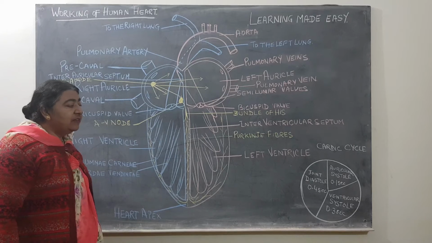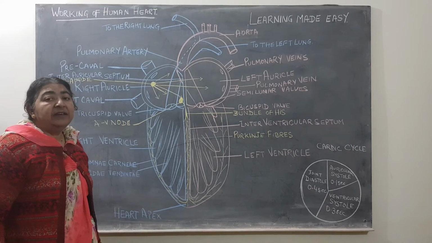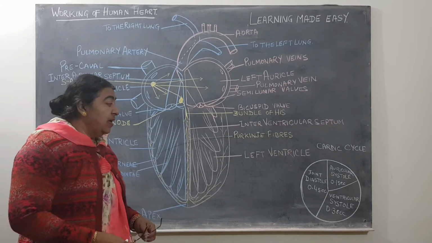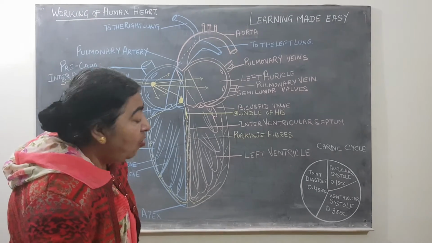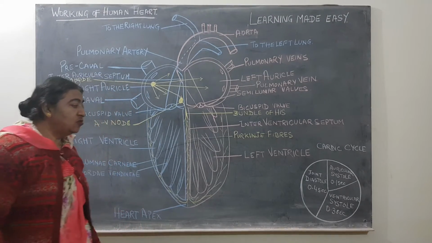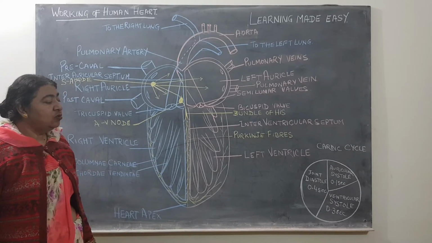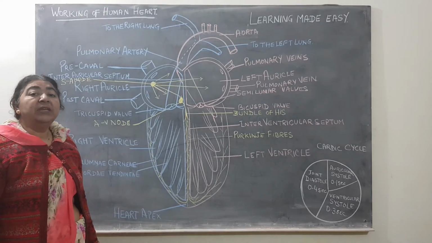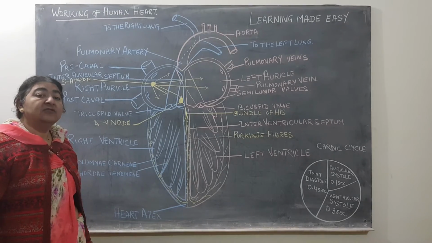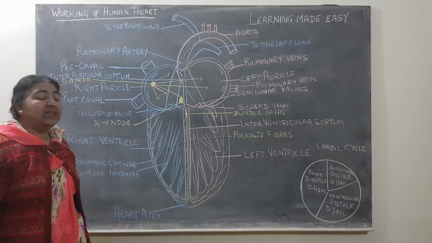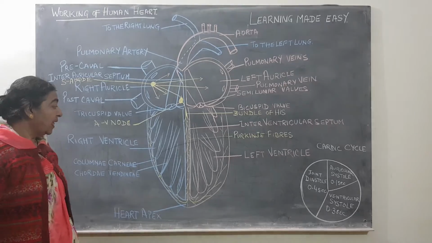Together, all these events are called the cardiac cycle. This small period of systole and diastole can be completed 72 times per minute, and this is also called the pulse of human beings.